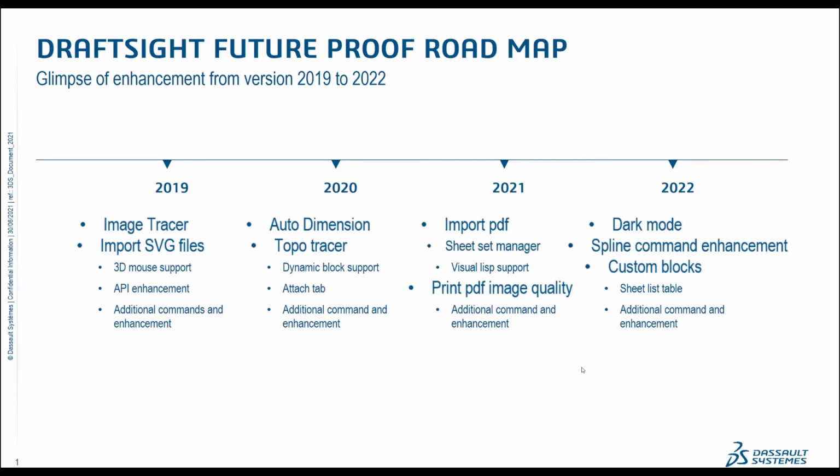Sheet set managers, which help to organize and manage drawing sheets and collaboratively work with the team on a project. Last but not least, we will see DraftSight support for Visual LISP files. So let's get started.